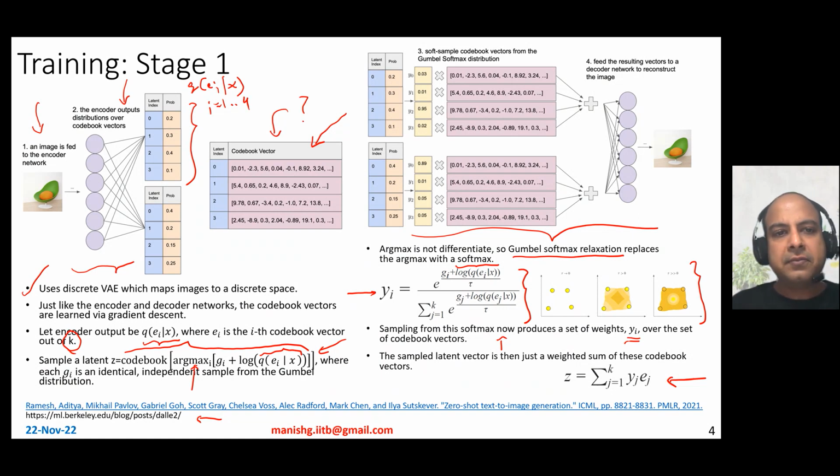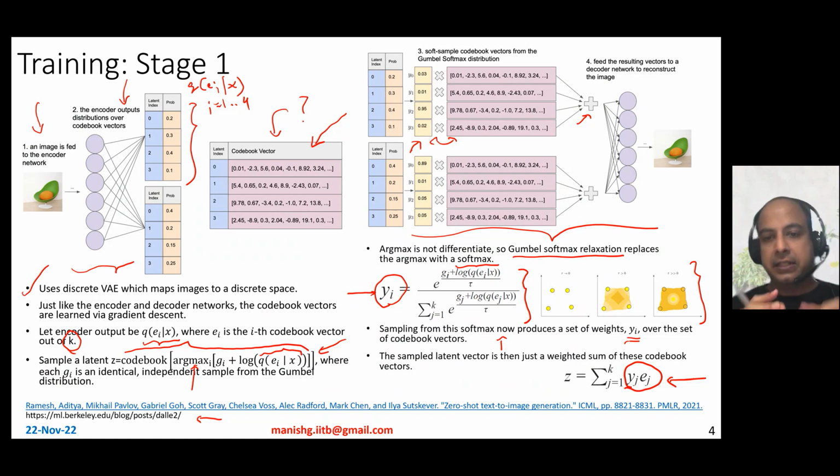Then at the same time you compute the yi's, and you multiply those yi's by the ei's so as to get the z. Remember, this is the z for that particular position, and if you have 32 cross 32 positions, you will get 32 cross 32 z's. Now you take these latent z's and feed them to a decoder, which helps you decode the image back. Okay, so that's basically how the first stage works.